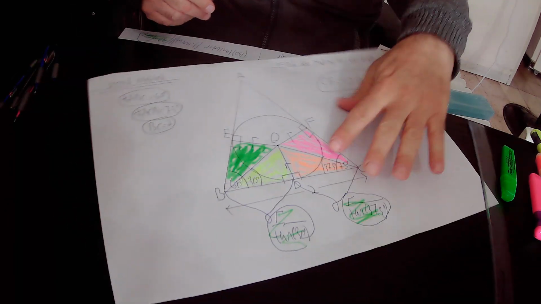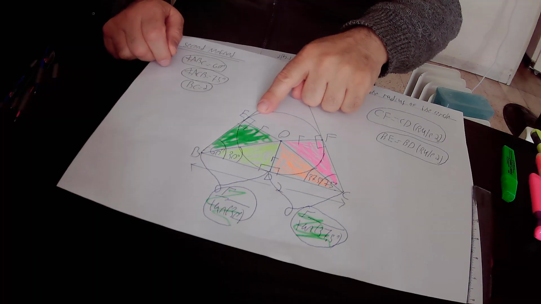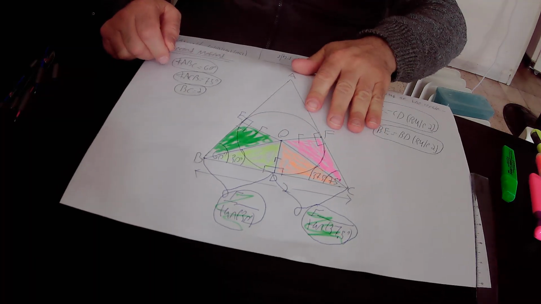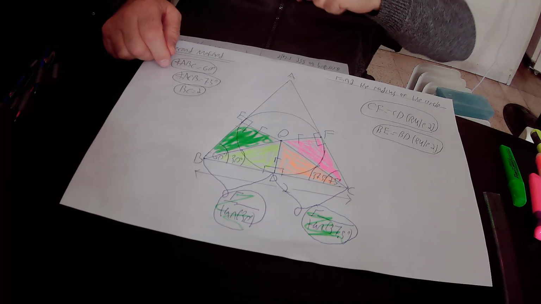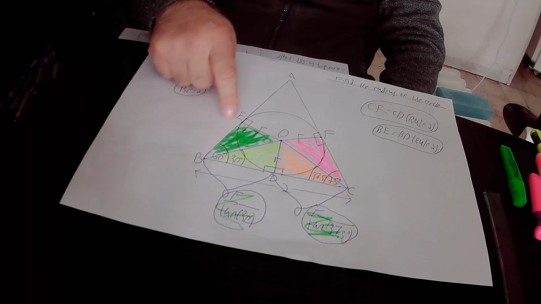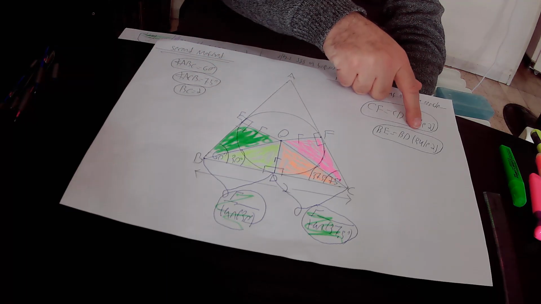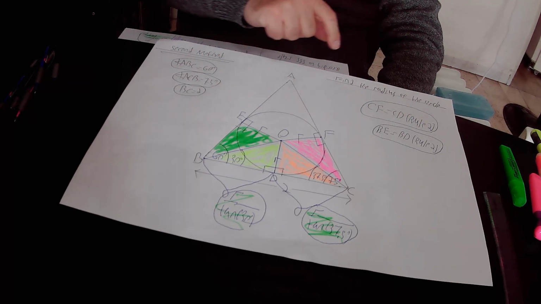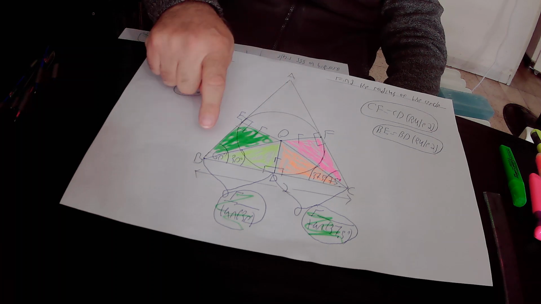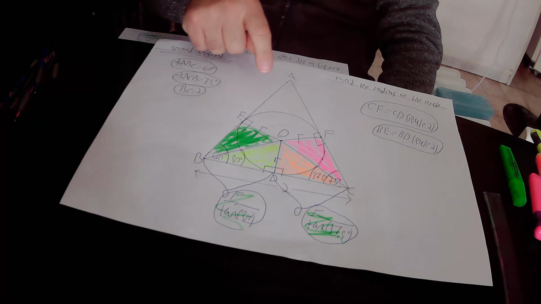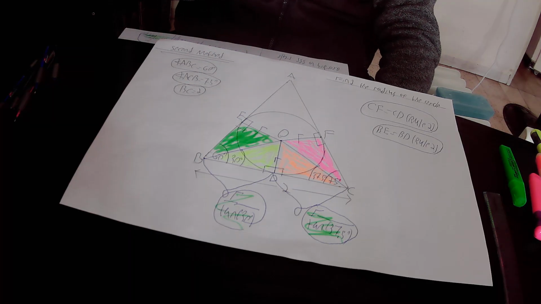First of all, OE equals OD, they are both the radii of the circle, therefore they are equal to each other. In addition, BE equals BD according to rule number 2. And finally, BO is a common side that belongs to both triangles, so I can write down that BO equals itself.